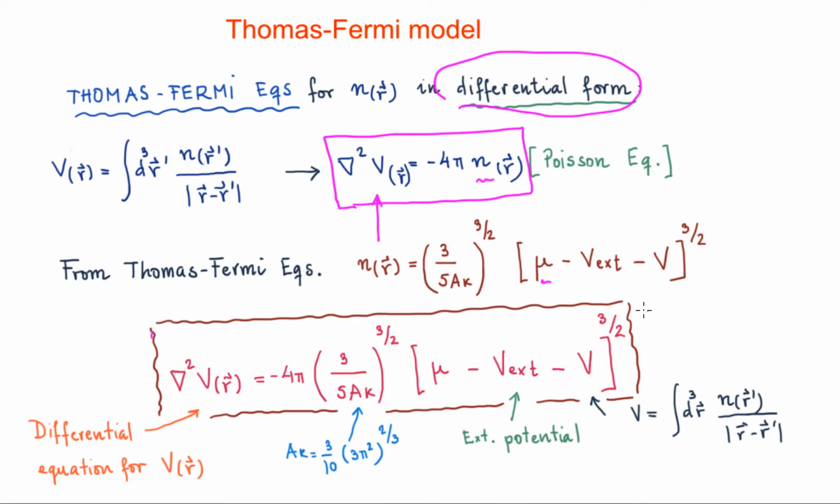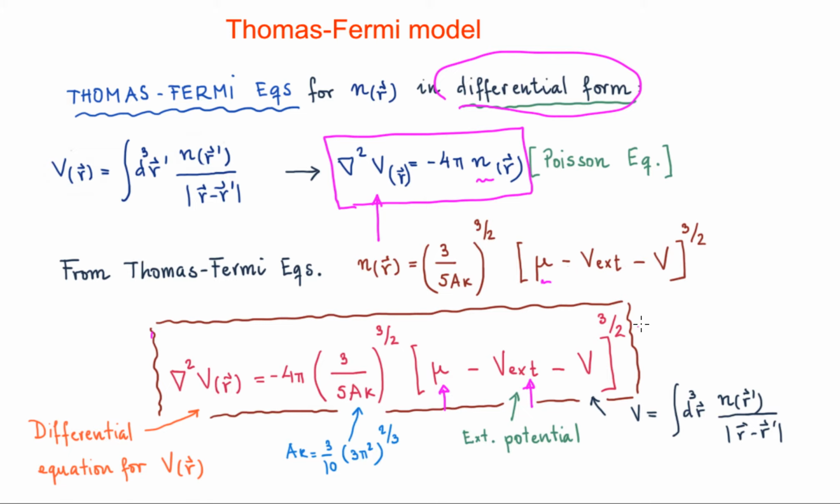Just summarizing, we have finally got the differential form of the Thomas-Fermi equation for the induced potential, which is equivalent to getting the electronic density, in terms of the chemical potential, which is constant, and the external potential.